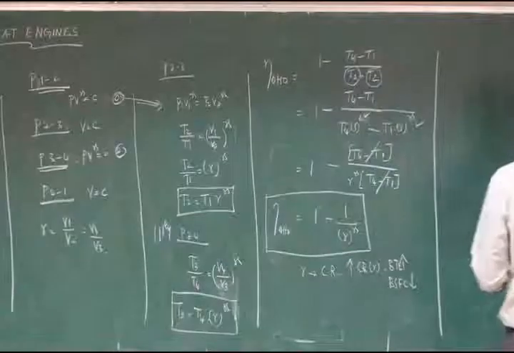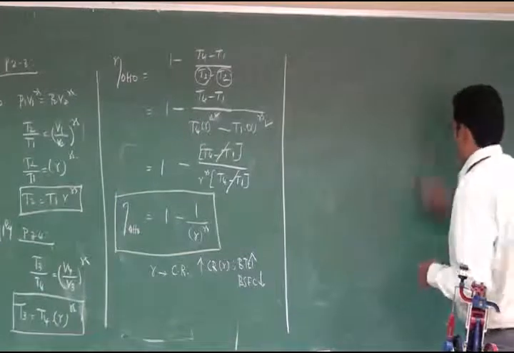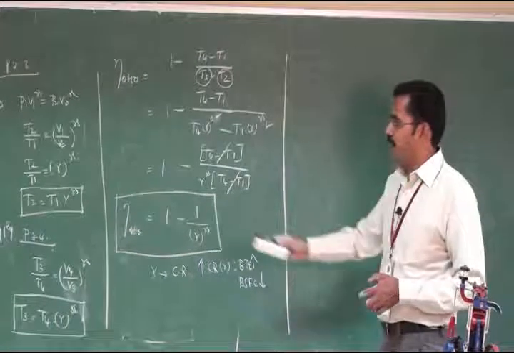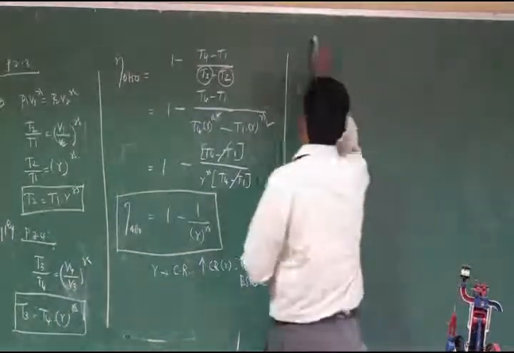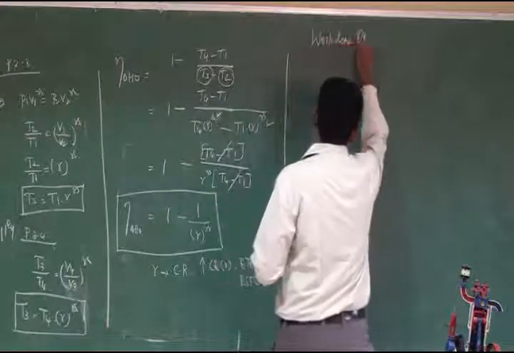Now we are going to see the work done of the Otto cycle. This was one important derivation, and now we are going to derive the work done for the Otto cycle.